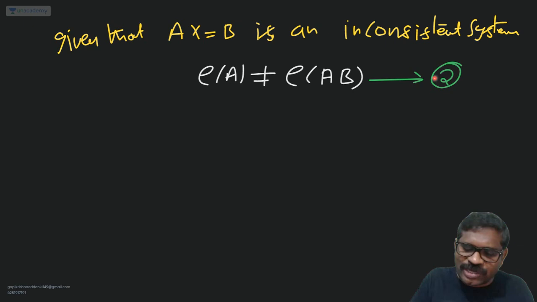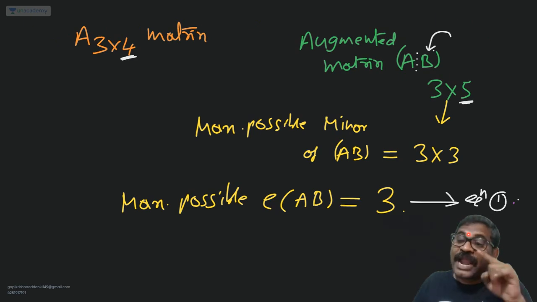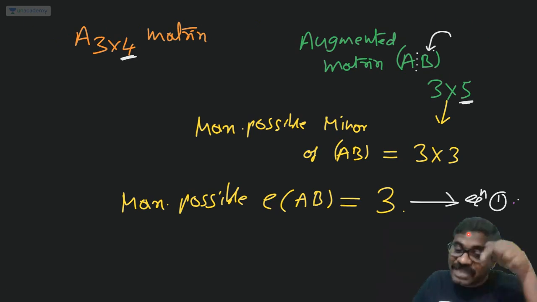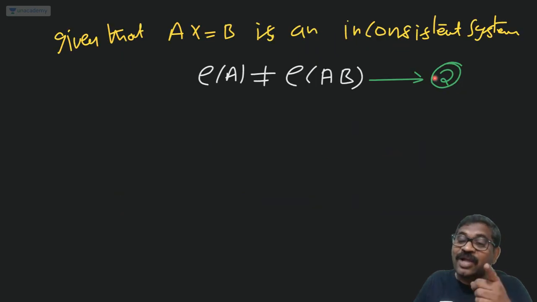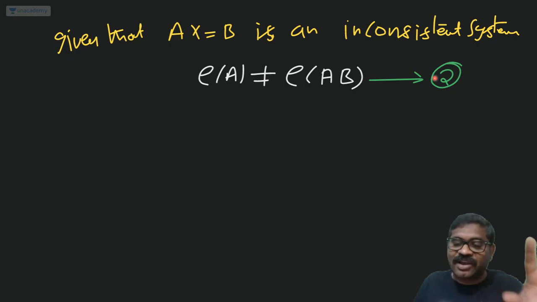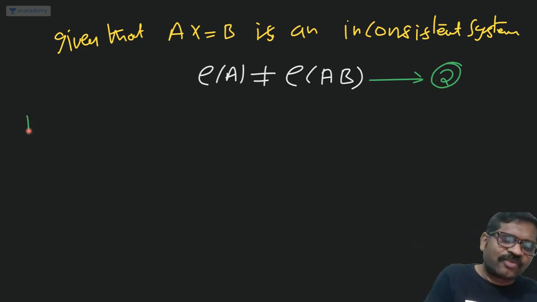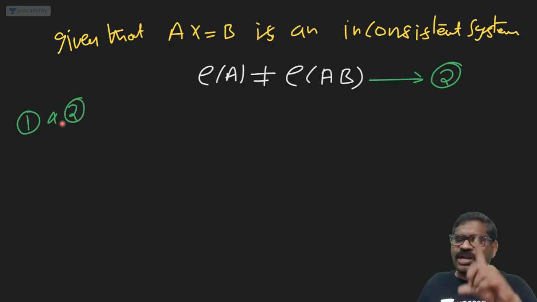What is the conclusion by equation 1? Maximum possible rank of AB is 3. What is equation 2? Rank of A not equal to rank of AB. If you compare these two statements, from 1 and 2, we will get one conclusion.